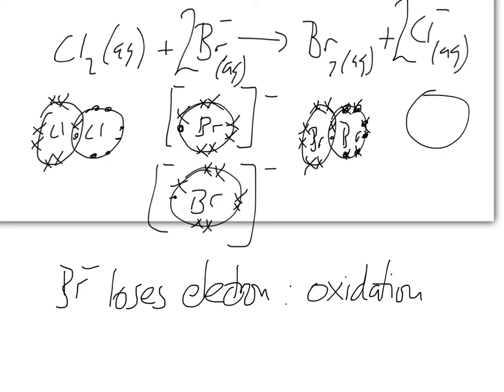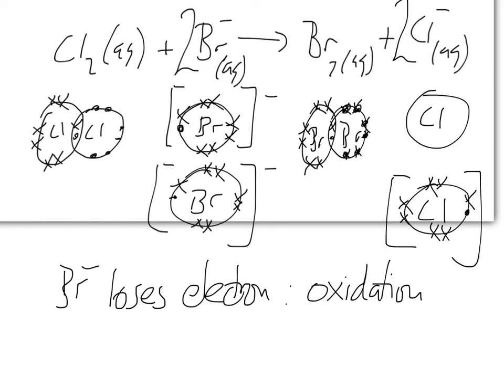So here's one chlorine, here's the other chlorine. There's 1 electron from the bromide, thank you very much. There's the other electron from the other bromide. So you form 2 chlorides.